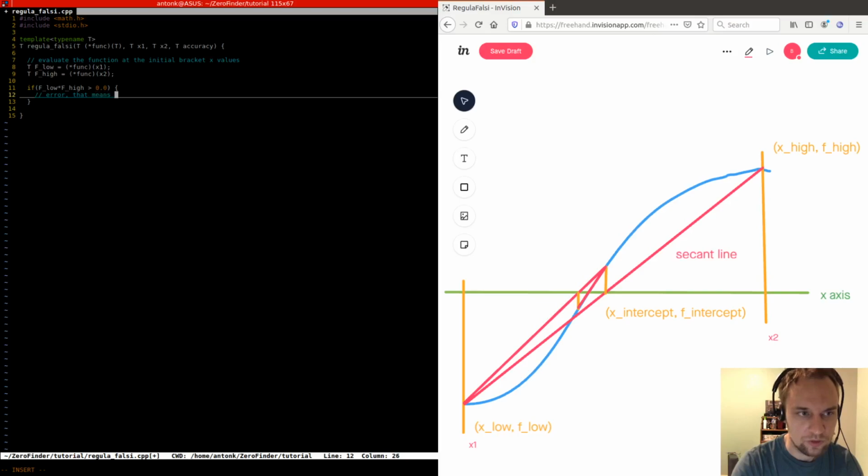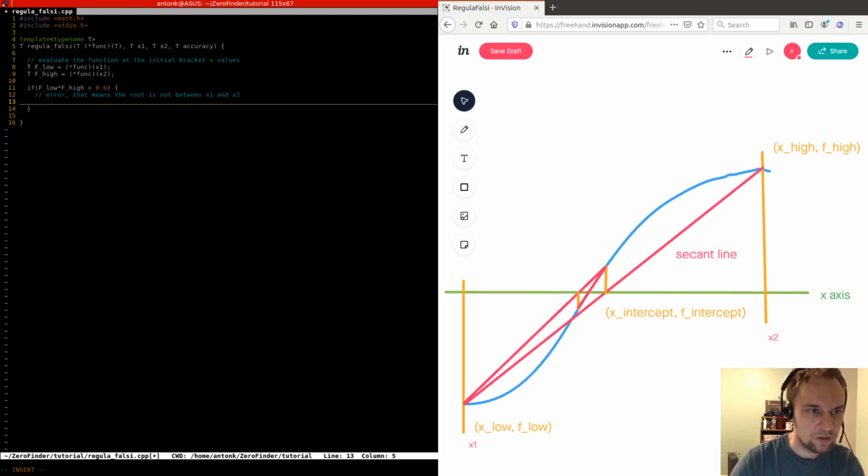That means the root is not between x1 and x2. Or it could mean that you have multiple roots. That's also possible. But for this case, let's just assume that we just throw an error here, just for simplicity.